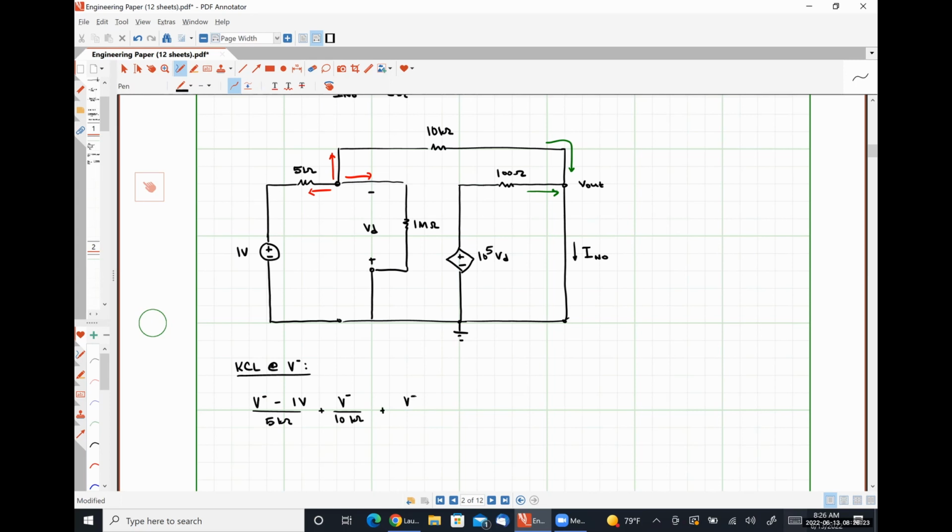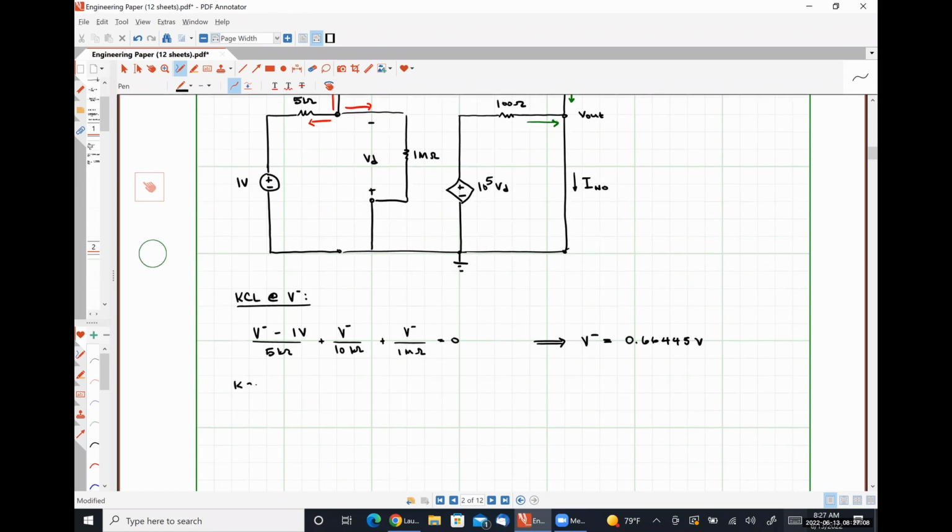Plus V minus over 1 mega ohm is equal to 0. And if I solve this one equation, one unknown system, as it were, we find that our voltage V minus in this case is 0.664445 volts.